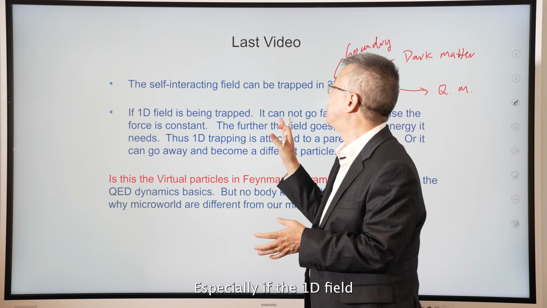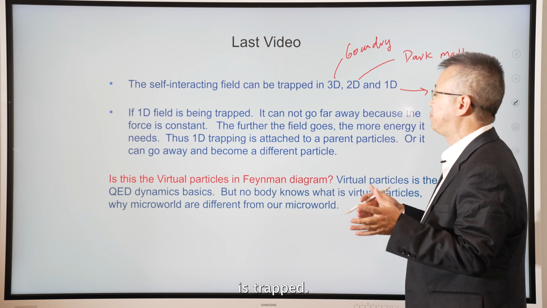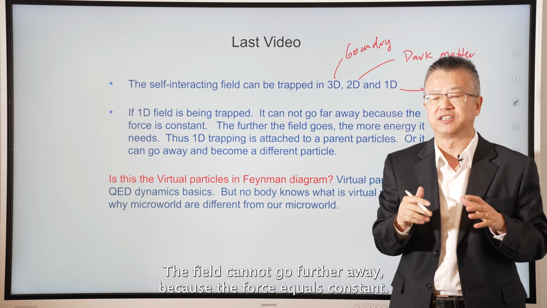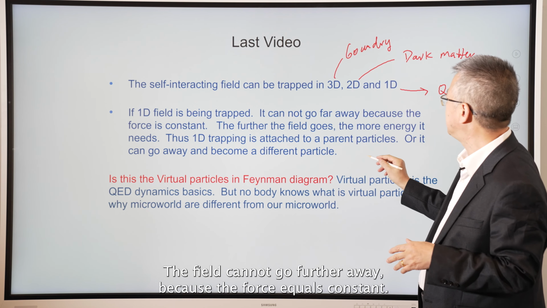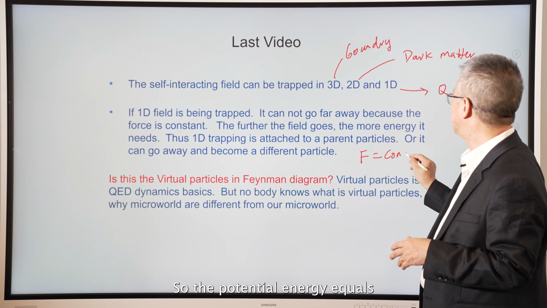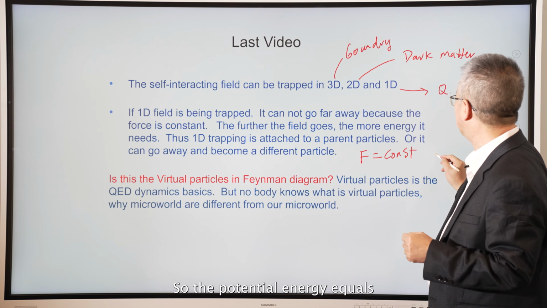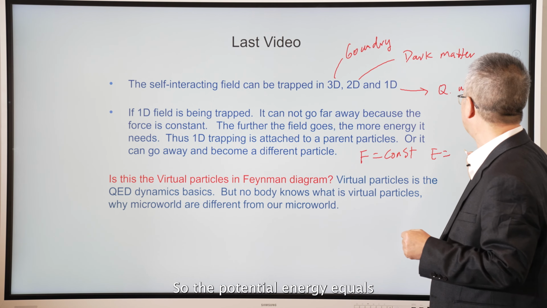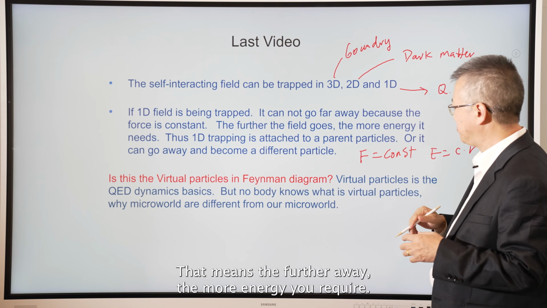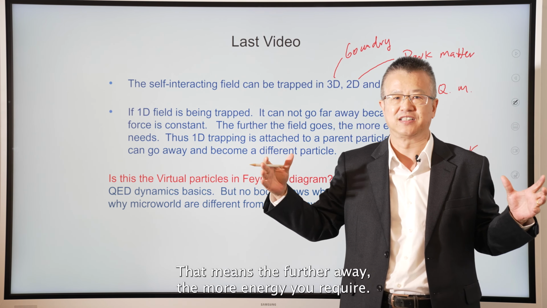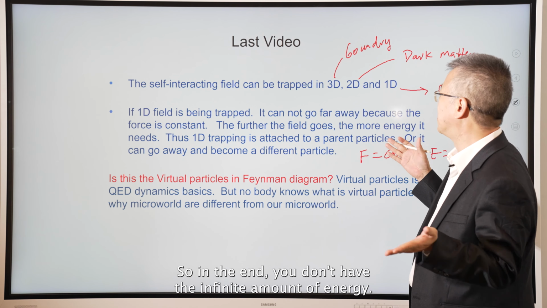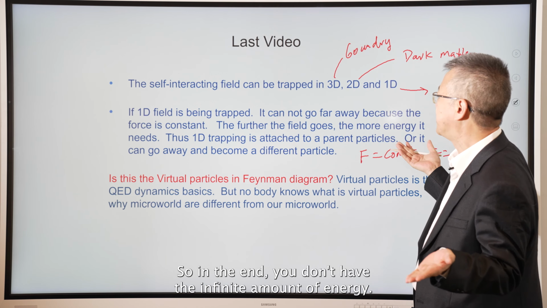Especially if the 1D field is trapped, the field cannot go farther away because the force equals a constant, so the potential energy equals a constant times R. That means the further away, the more energy you require. So in the end, you don't have an infinite amount of energy.